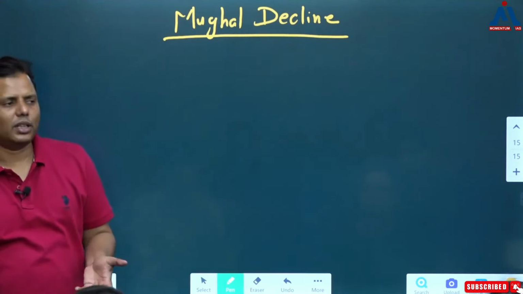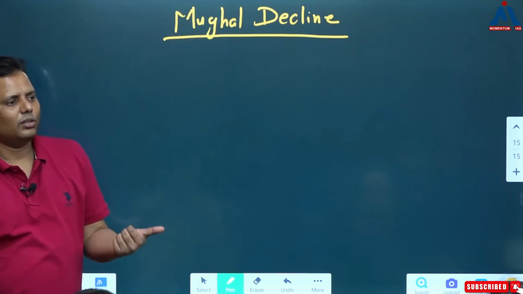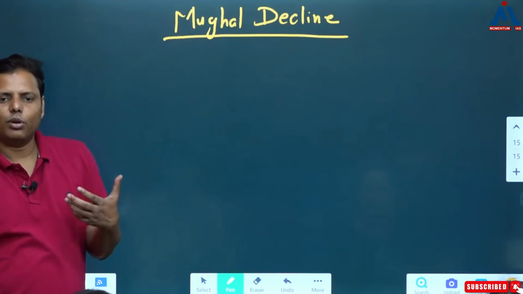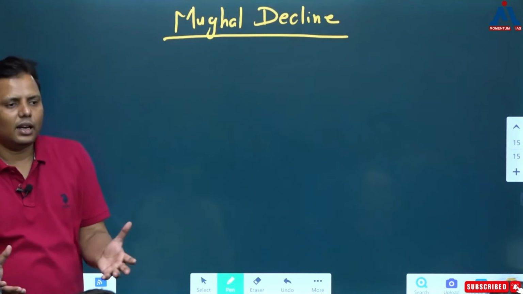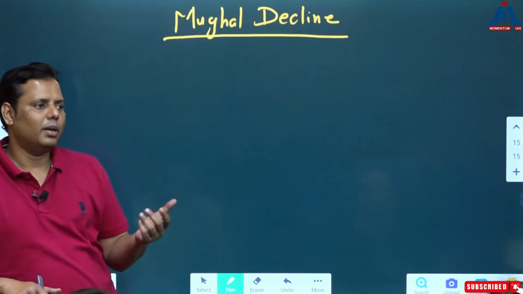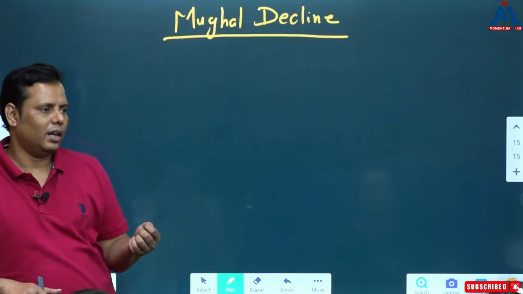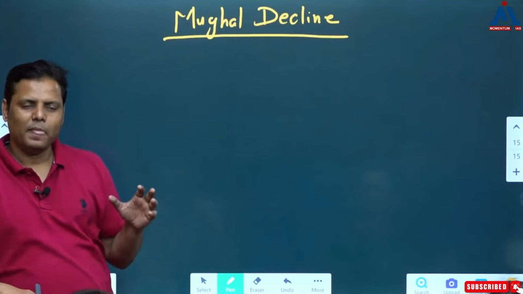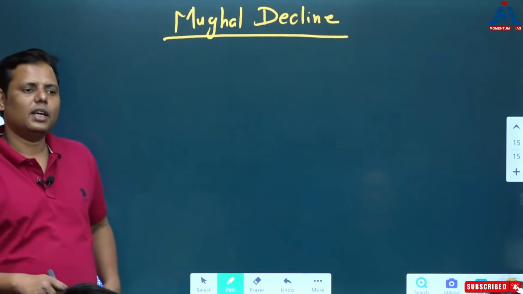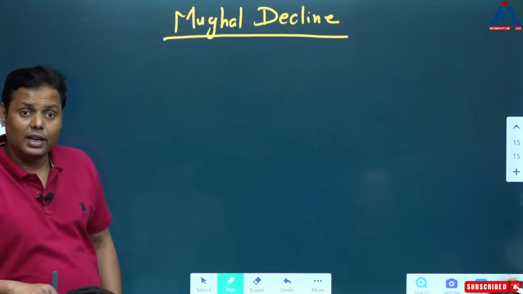It is said for Bahadur Shah Zafar that it hardly mattered that he was present, because he was enjoying the power as a Mughal emperor only within the Lal Killa, Red Fort, not outside of that. Even कहते हैं कि चांदनी चौक वाले मार्केट में भी उनका कंट्रोल नहीं था. ठीक है, so he had lost his control. So we can say कि the Mughals to some extent survived till Muhammad Shah Rangila, that is 1748.